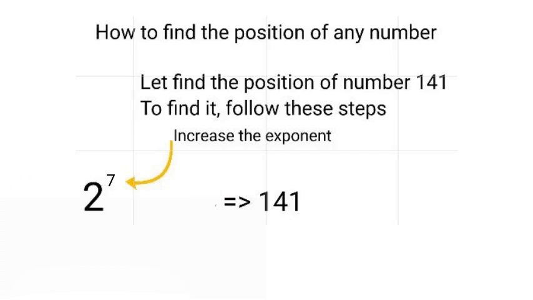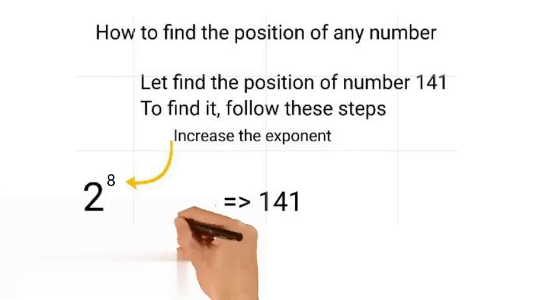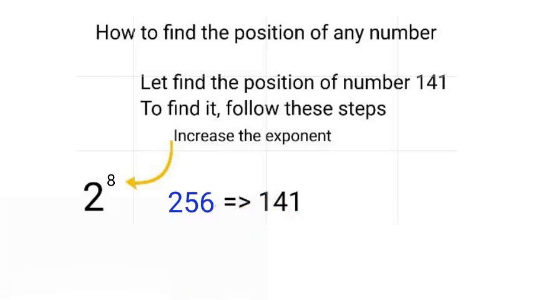Let's jump to 2 to the power of 7, it is 128 and 128 is still less than 141. Finally, 2 to the power of 8 is 256, and 256 is greater than 141.